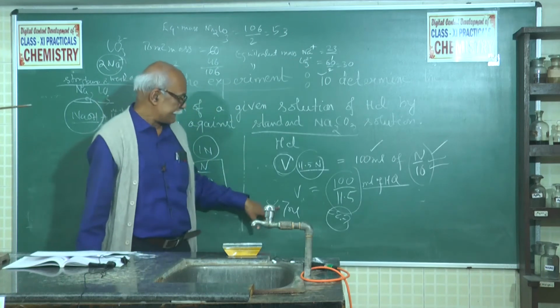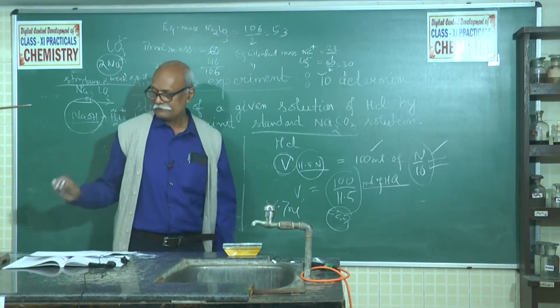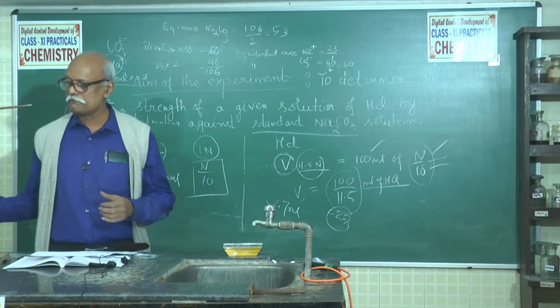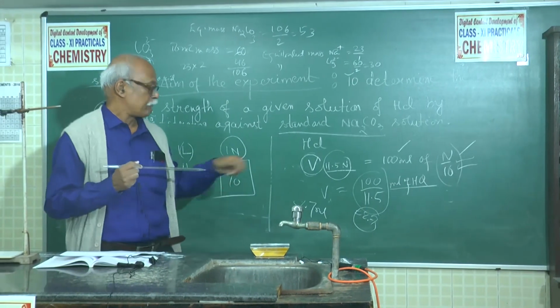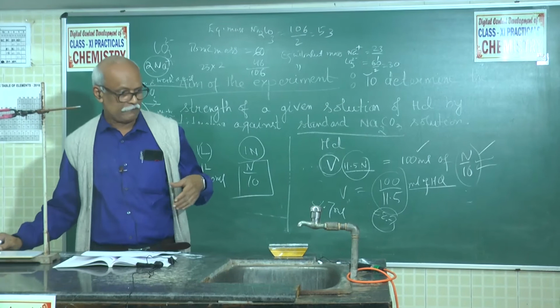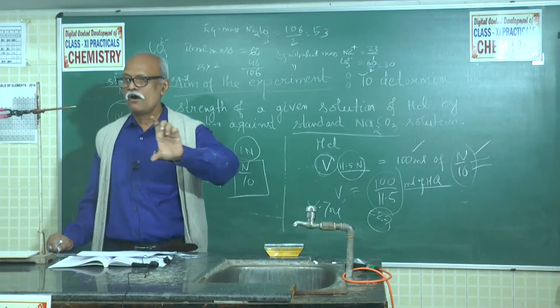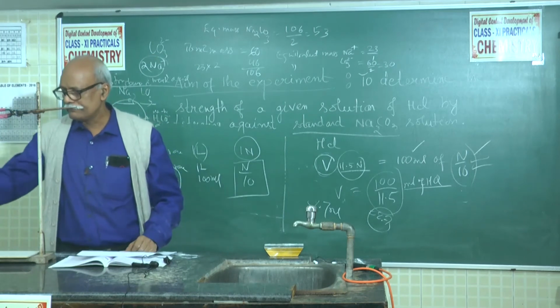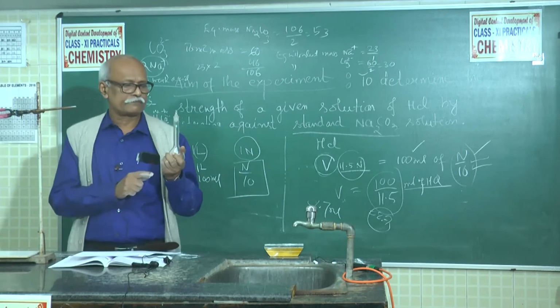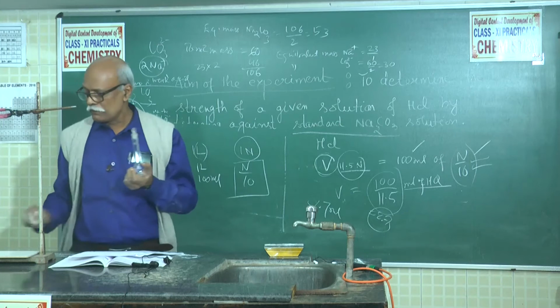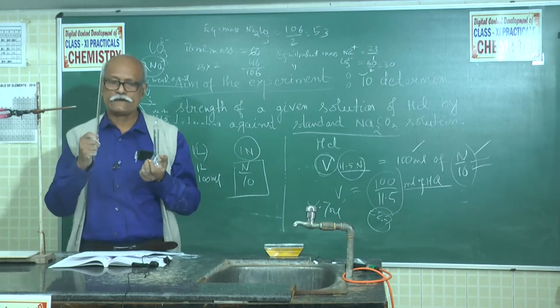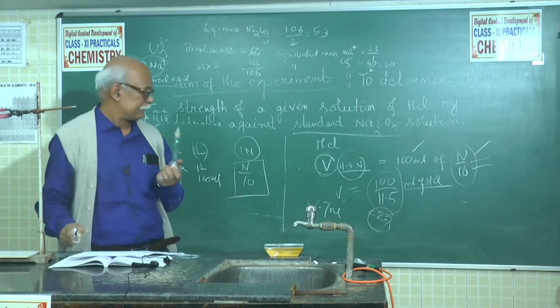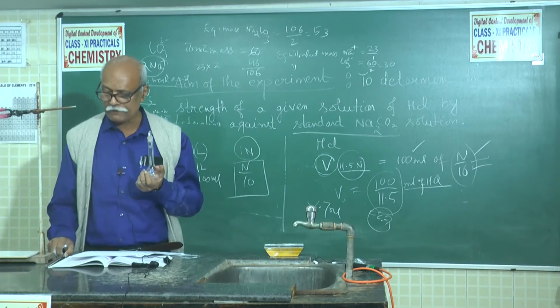So 8.7 milliliter, with the graduated pipette you take 8.7 milliliter into a measuring flask, or volumetric flask, of 100 milliliter. With this graduated pipette you can take roughly 8.7 milliliter.